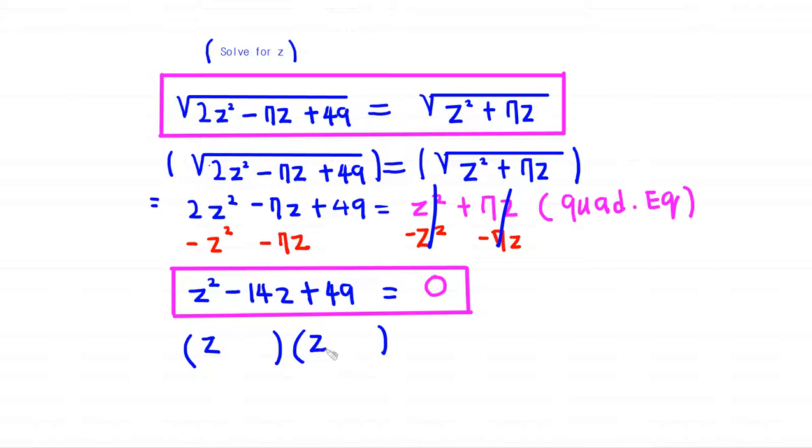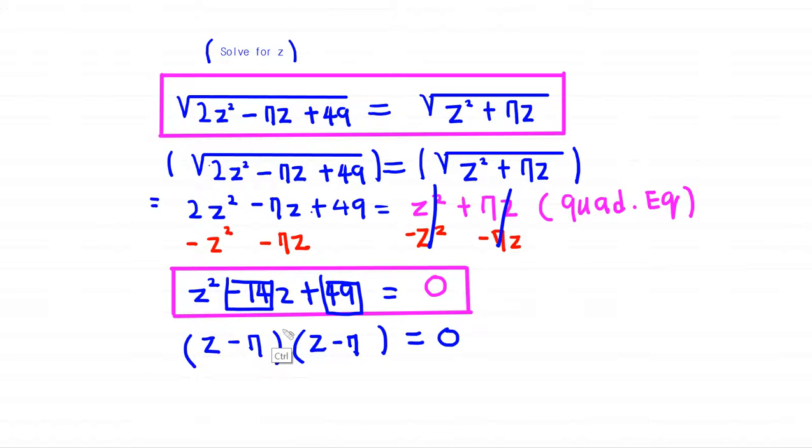It is z times z, and we need two numbers that add to negative 14 and multiply to 49. Both numbers must be negative, because the product is positive but the sum is negative. So the numbers are negative 7 and negative 7, since negative 7 plus negative 7 is negative 14. We get z minus 7 and z minus 7.